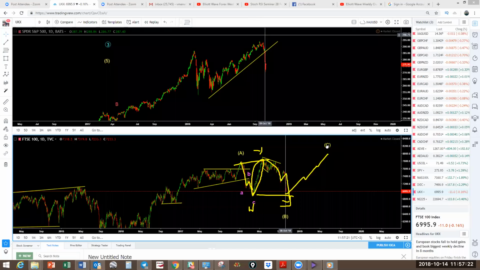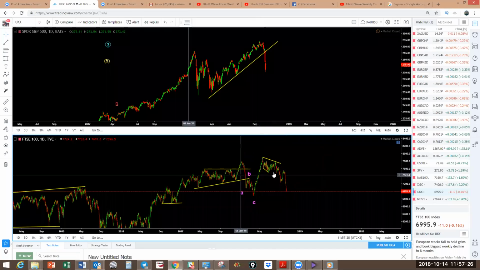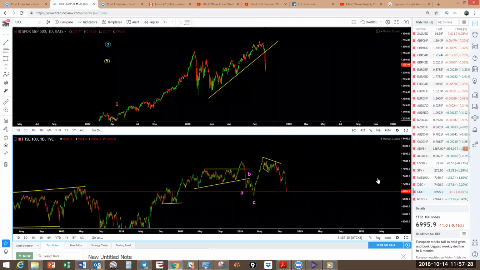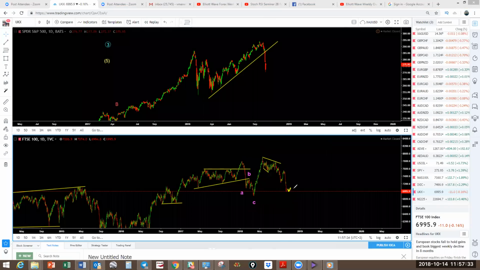Just need to remove this and adjust this. Right, so that's the FTSE 100, a little bit more downside. This should break this low and make this structure 1, 2, 3.